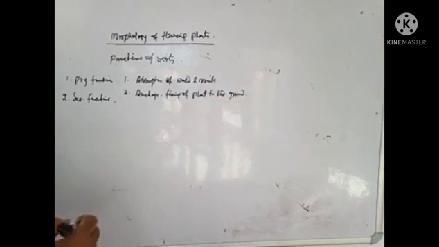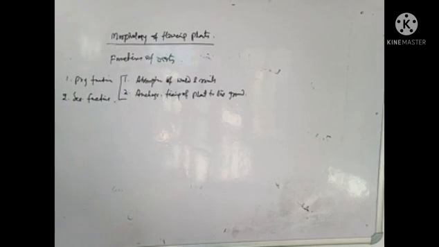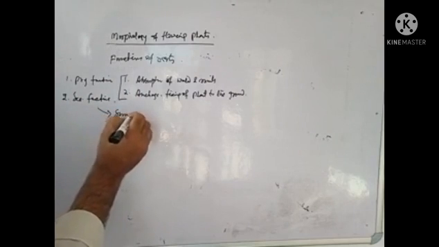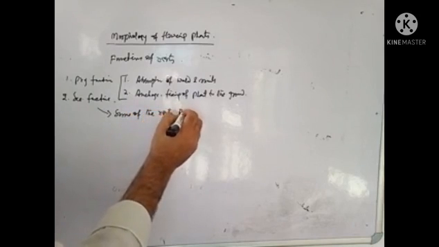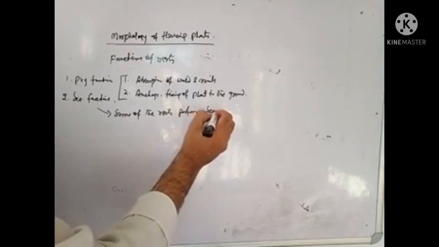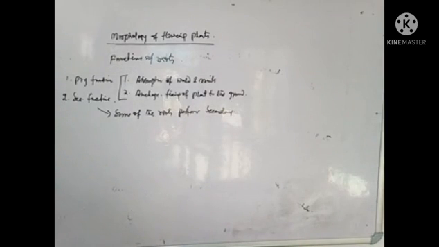These are the two main functions root performs. Two vital functions, they are the primary function, and some of the roots, not all but some of the roots perform secondary functions, for which they have to get modified first. That is, there is modification.